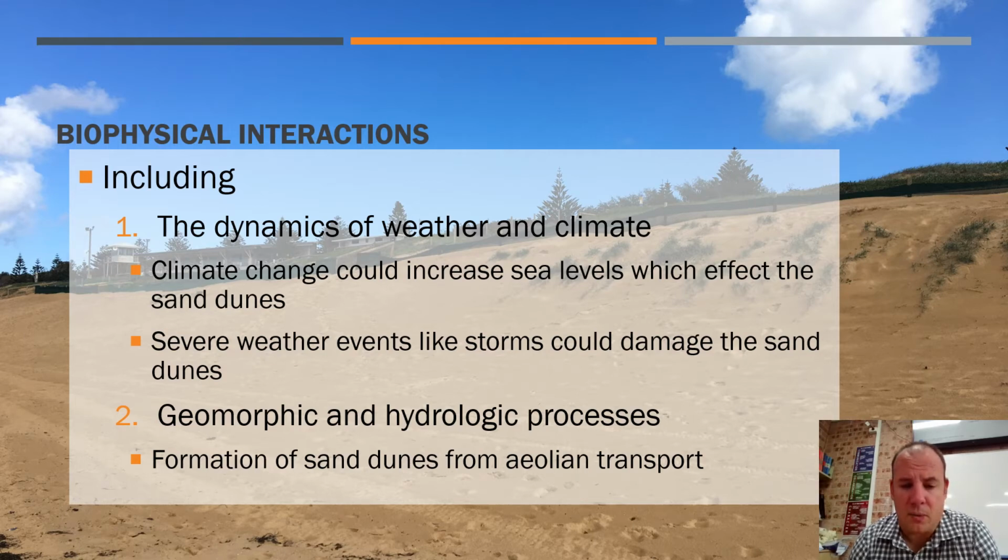Sand dunes are formed by Aeolian transport. That's where sand accumulates in one place over time and forms a sand dune. Basically sand can get put there, it dries out, it then gets moved by the wind, and then like I said, a point forms and you get this big accumulation, and as time goes on the sand dune becomes bigger and bigger.